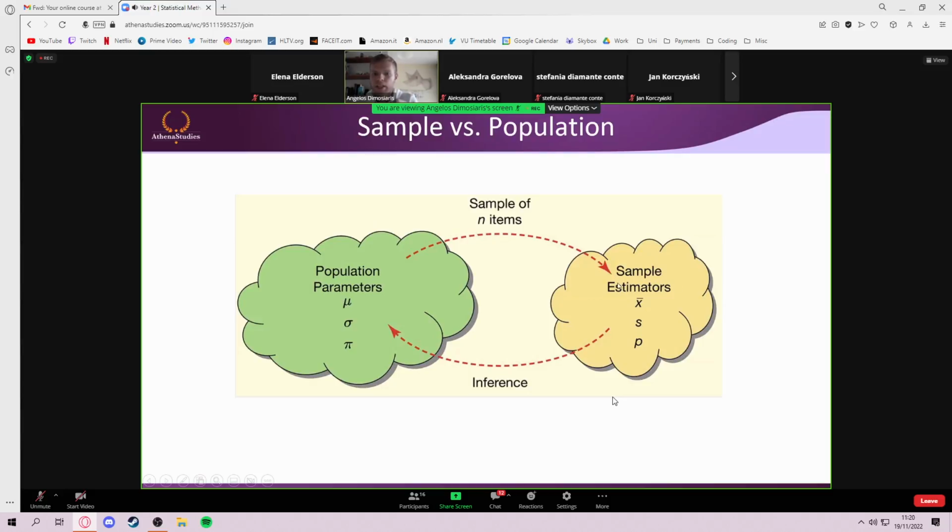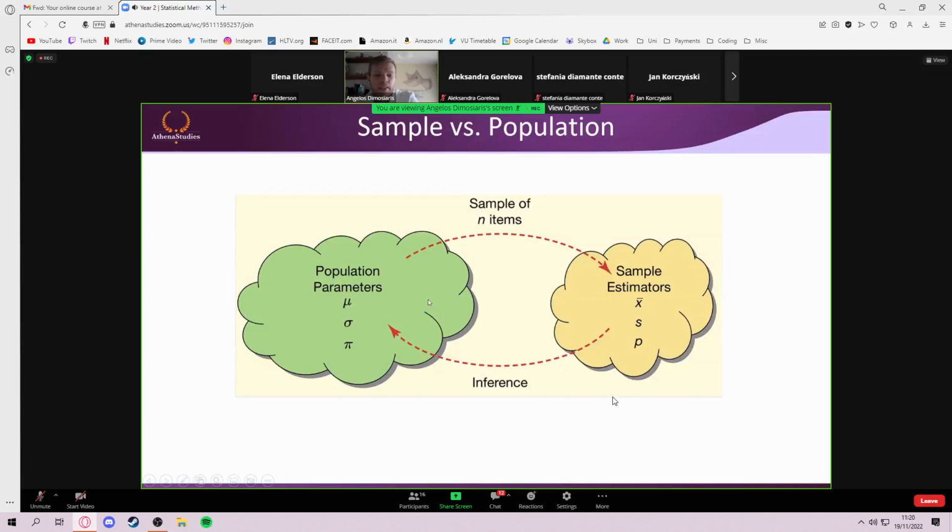So you just take a sample and you estimate the mean of the sample, the variance of the sample, and the p-value of your test. And then you try to make an inference based on these numbers about the population. So you try to generalize the results that you have, the conclusions that you have, to the population. This is what we call inference. So we just call those things inferential statistics.